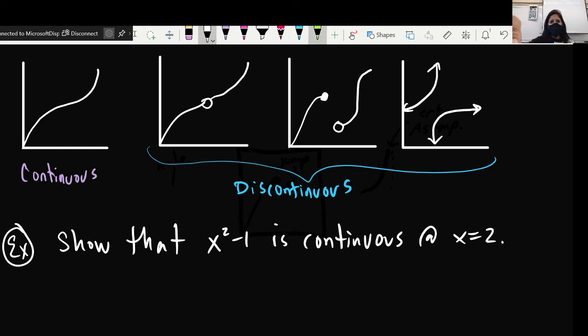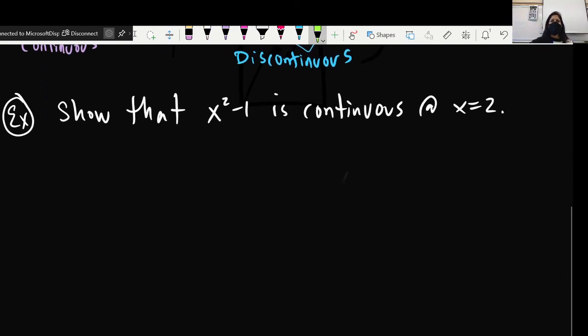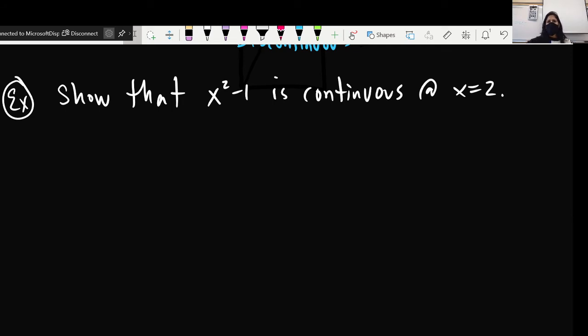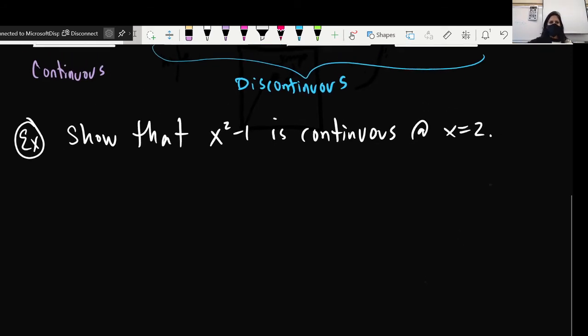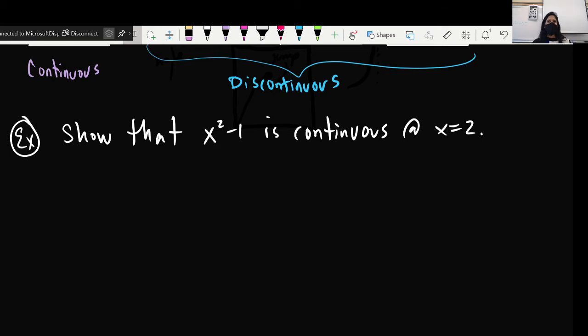Imagine this is a quiz or a test and this is a question that you've just gotten, and I didn't give you details. I didn't say show that it's continuous using a graph or with a table of values or anything like that.